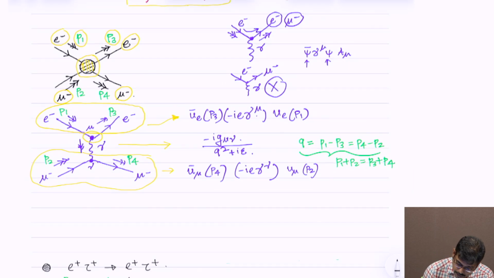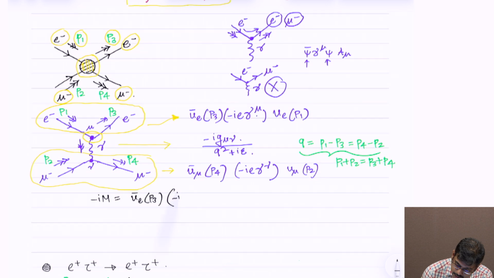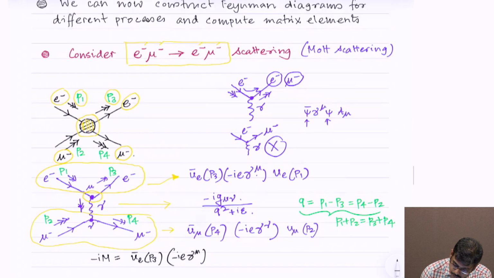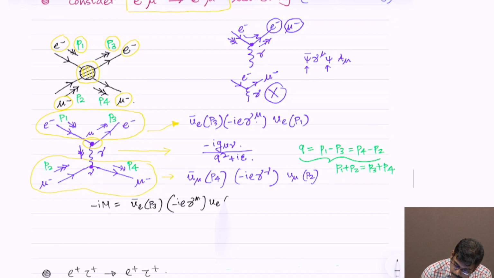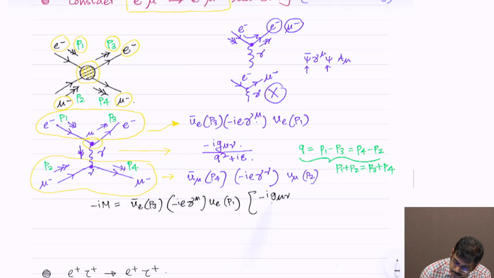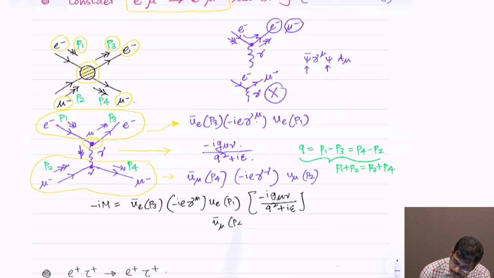So therefore what you shall write, that minus of iM as per our definition, this is actually ū_e(P3) (−ieγ^μ) u_e(P1) into (−i g_μν / q² + iε) into this other part, which is ū_μ(P4) (−ieγ^ν) u_μ(P2).